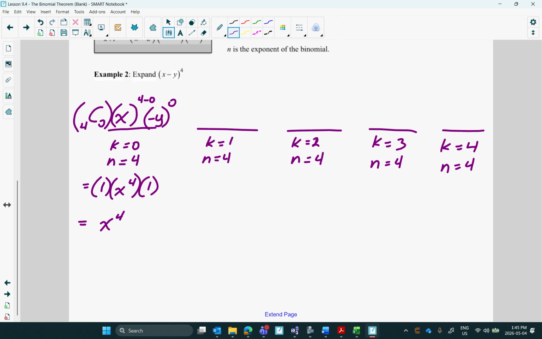For the second term, the number in front is going to be 4 choose 1. The x term in the binomial is going to be x to the 4 minus 1. And the second term in the binomial, negative y, is going to be raised to the 1.